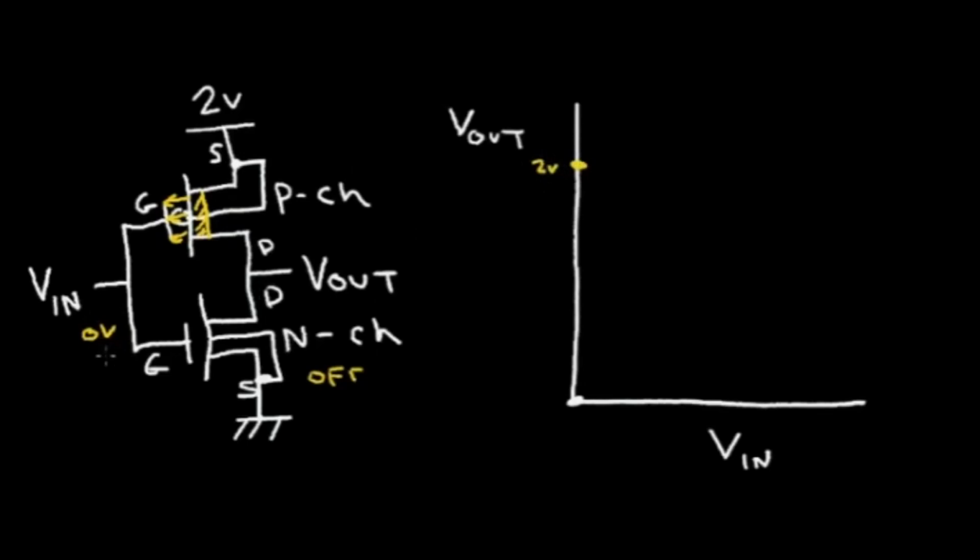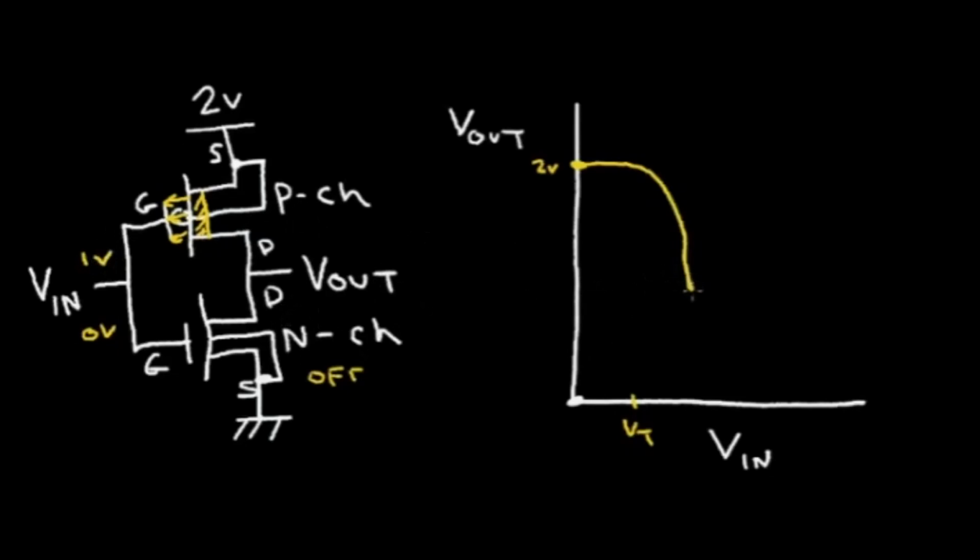And as we increase the input voltage, the output voltage stays the same until the N channel starts conducting. When we reach the threshold voltage, Vt, of the N channel, we start conducting. This curve looks something like this. At this point, where input voltage is perhaps around 1 volt, both transistors are conducting now.